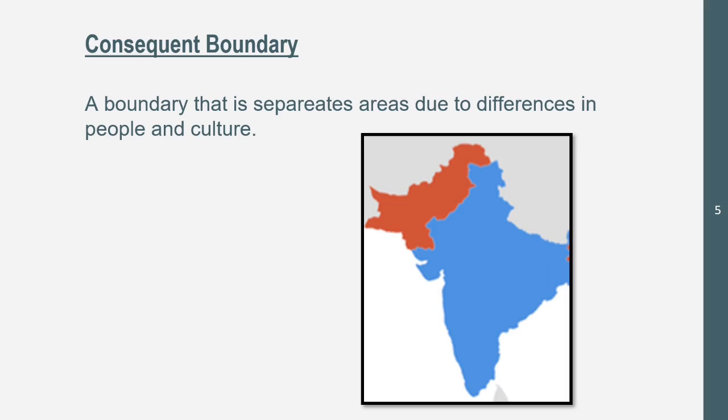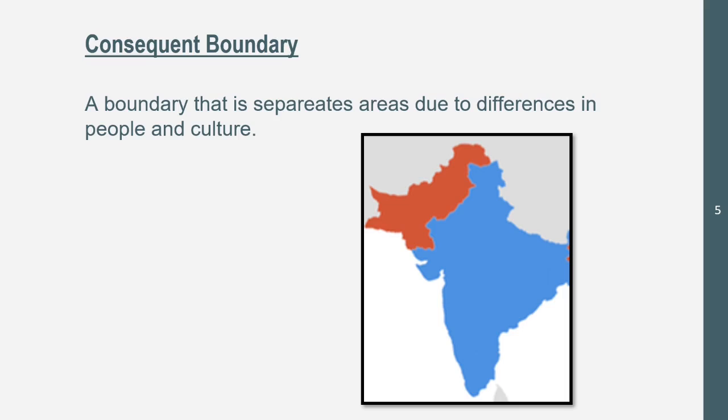If you were in Pakistan and you were Hindu, you would be able to choose to go back to India. However, Pakistan is going to be primarily Islam. It was primarily Islam. And then India is now primarily Hindu, was primarily Hindu as well. And they just wanted to separate it, because I don't really know the full details about that. But that's an example of a consequent boundary. There's differences between the people and culture, so we have a boundary there.